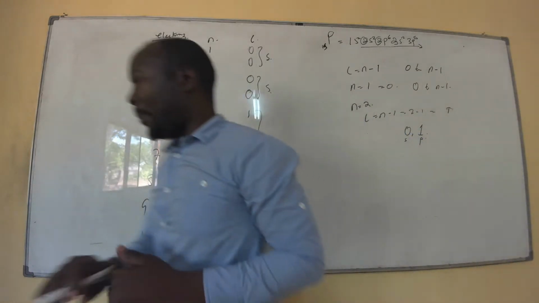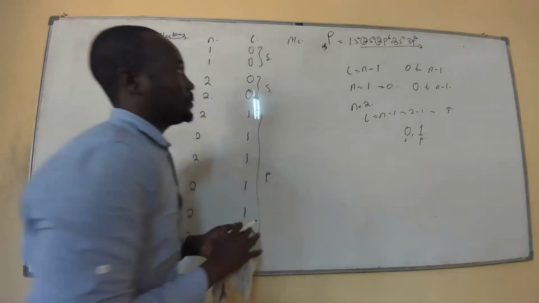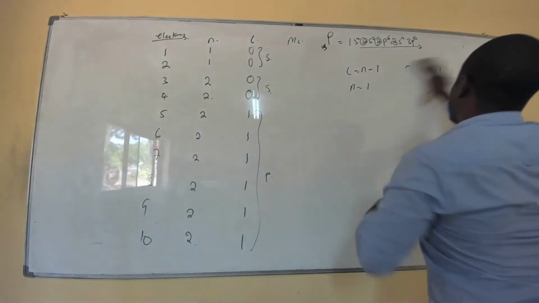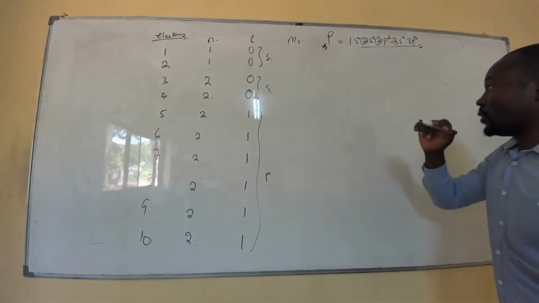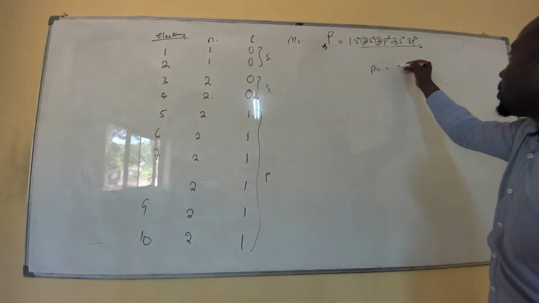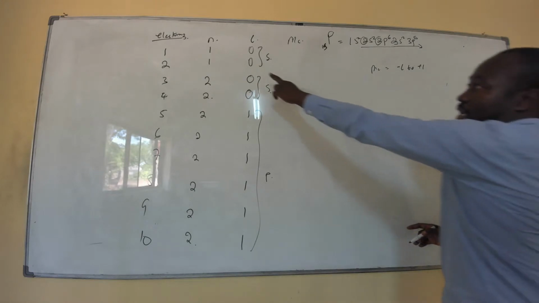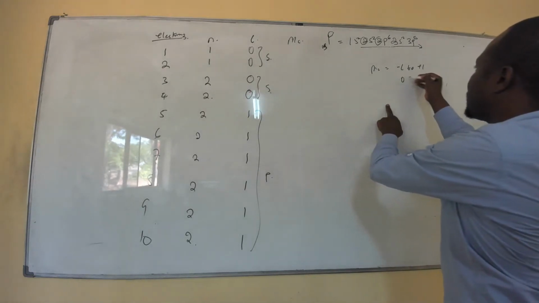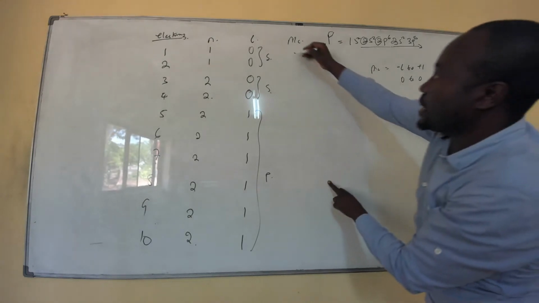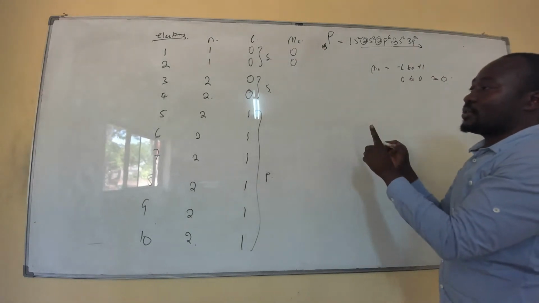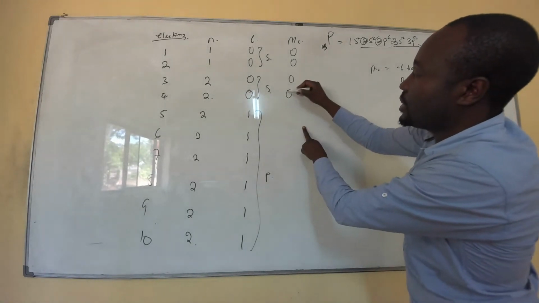Then we go to the magnetic quantum number, which is the ML. With the magnetic quantum number, ML ranges from minus L to plus L. Here L is 0, so it will be 0 to 0, which is equivalent to 0. So this and this is 0, and this will also be 0.